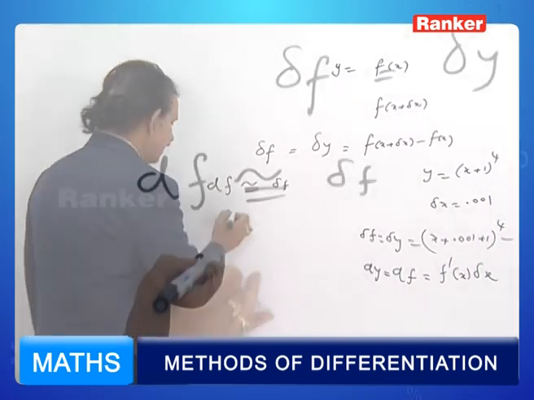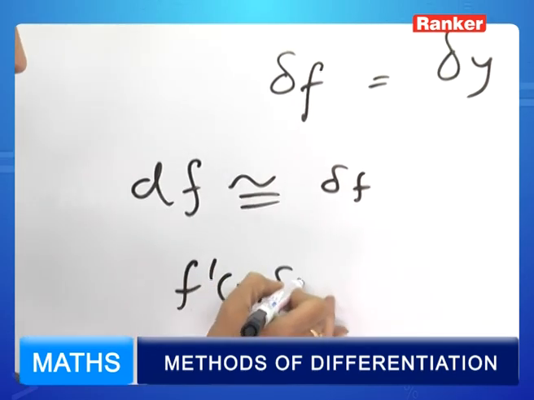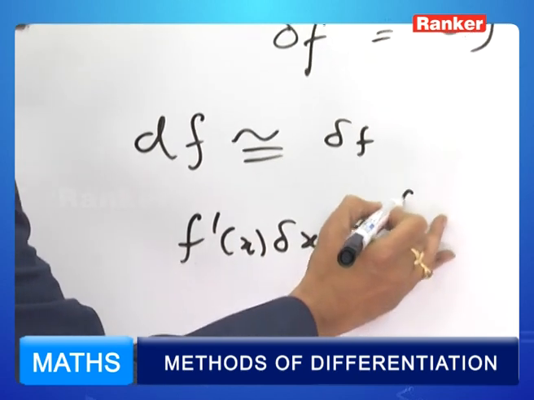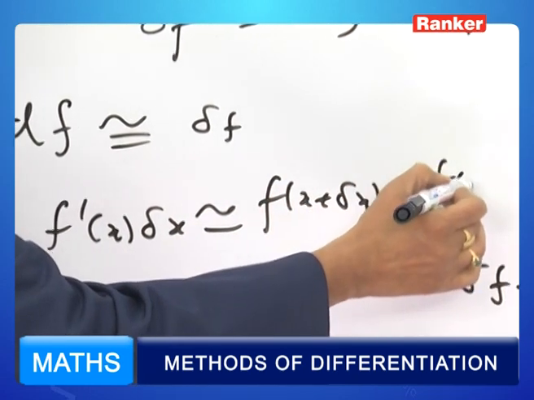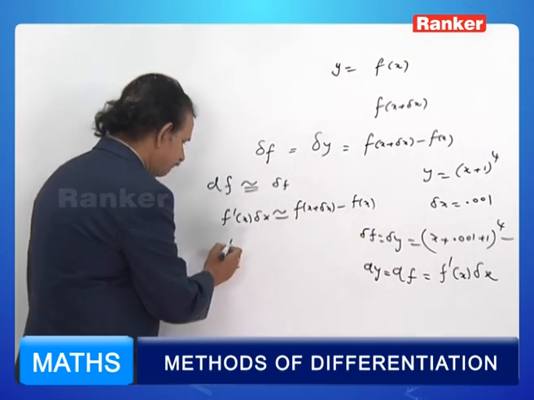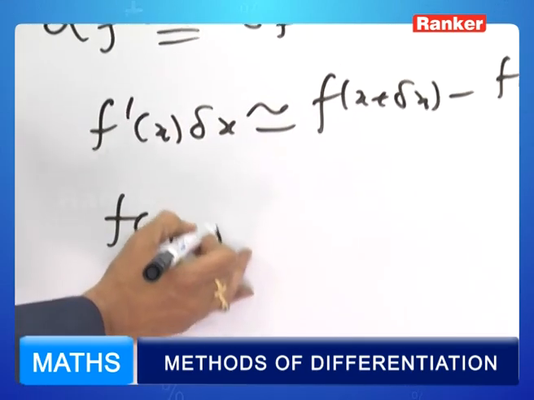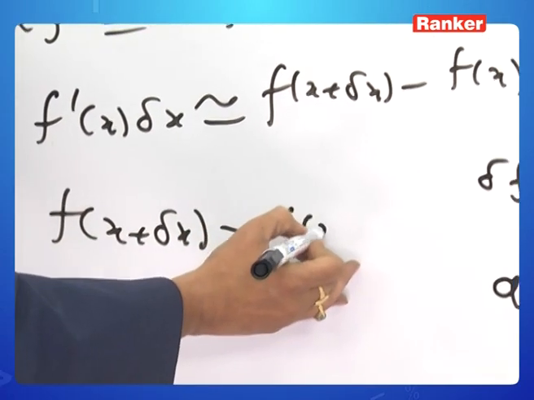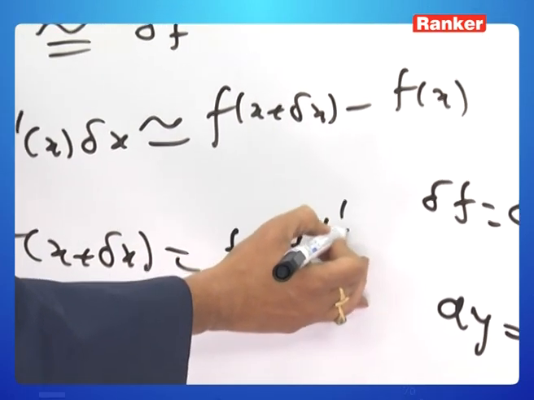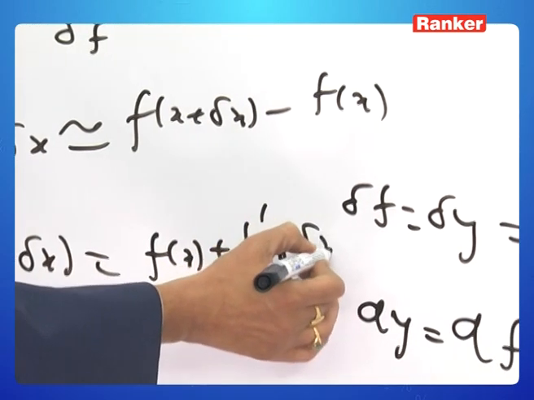What is df? F dash x into delta x. What is delta f? F of x plus delta x minus f of x. From that, you send f of x here so that f of x plus delta x becomes f of x plus f dash x into delta x.